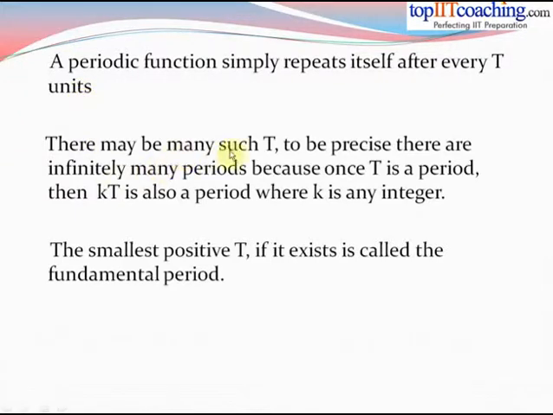Now there may be many such T, and to be precise there are infinitely many periods because once T is a period, then k into T is also a period where k is any integer. So if we multiply T by any number, then the product is also a period of the particular function. We can have infinitely many periods. But once again, the smallest positive value of T is called the fundamental period. And we always take this fundamental period to be the period of any function f(x).